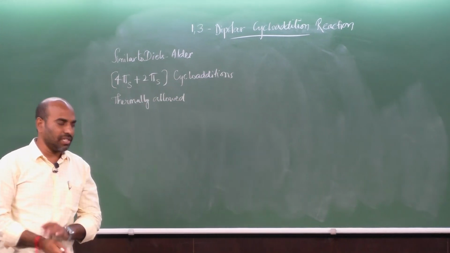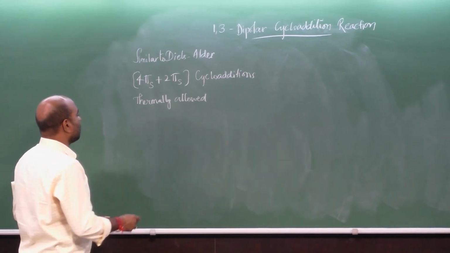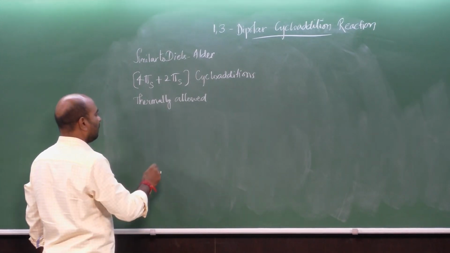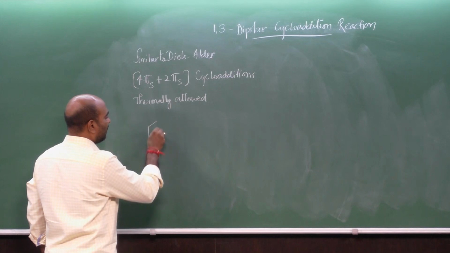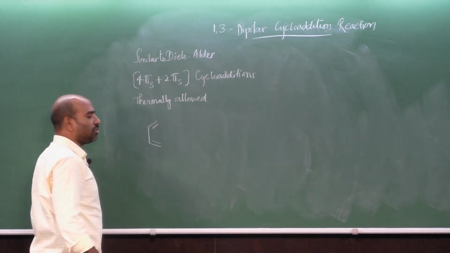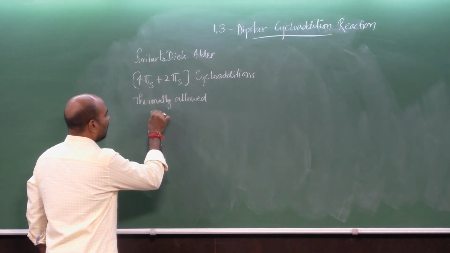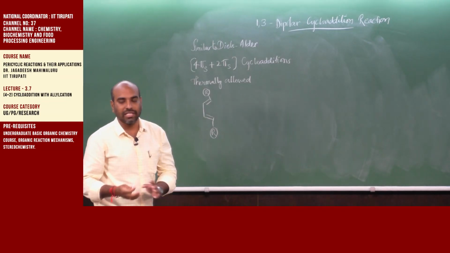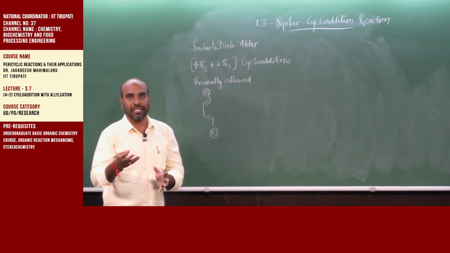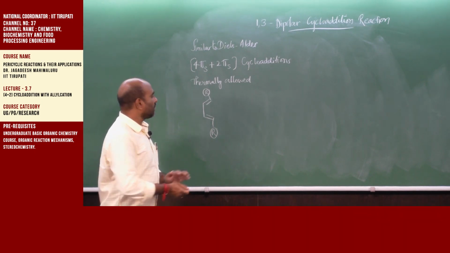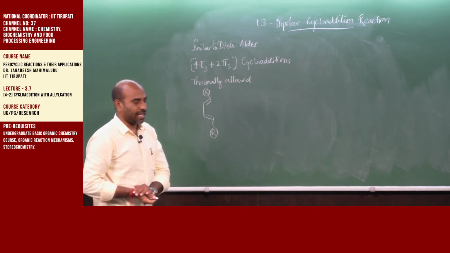But where the change is coming is in the case of the diene. In the typical Diels-Alder reaction, this should be the diene. There may be any kind of substituent, preferably an electron releasing substituent, which will activate the diene molecule in the typical Diels-Alder reaction.